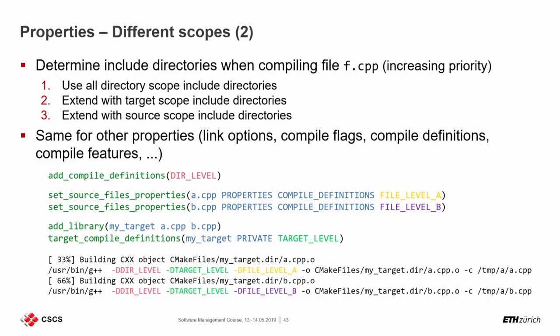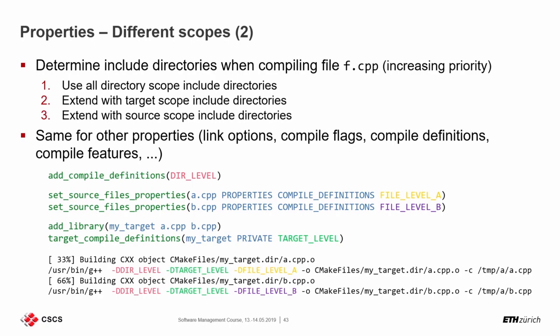So with an example here, we have add compile definitions, which is a directory scope. We have the source file properties, which are different for a.cpp and b.cpp. And we have target compile definitions, which is a property on target level. And when we look at the bottom, we see that when we compile b.cpp, we will compile it with file level b.